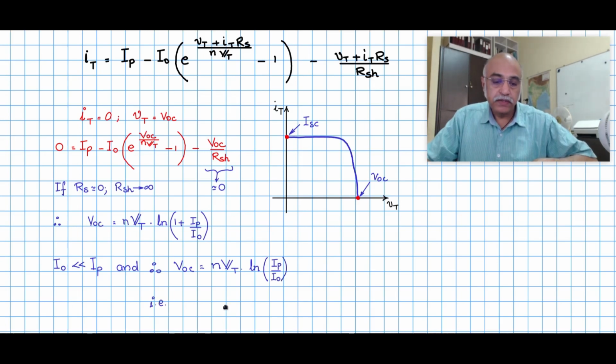In other words, VOC is proportional to log of IP, N VT being a constant.